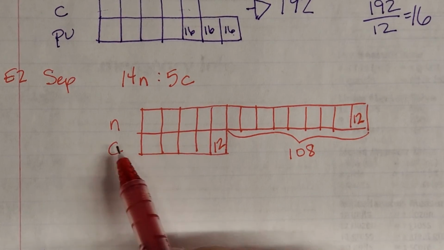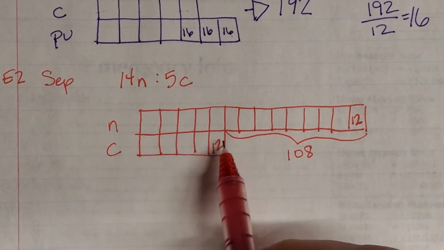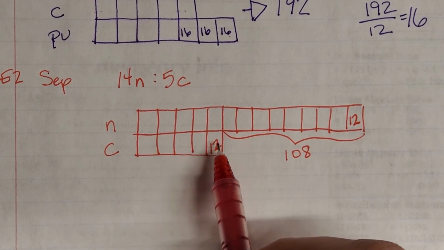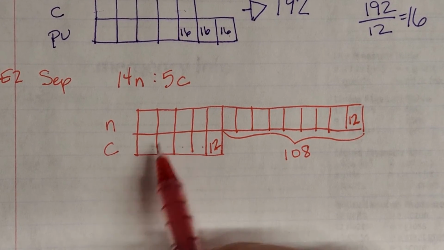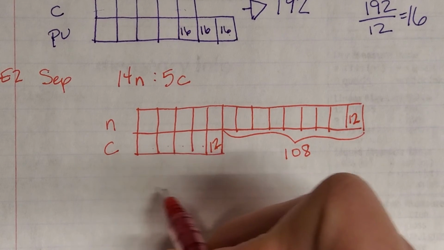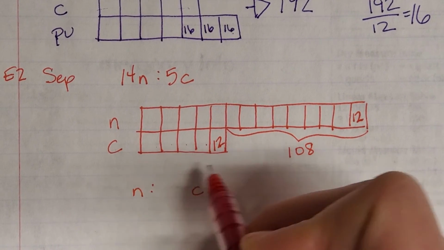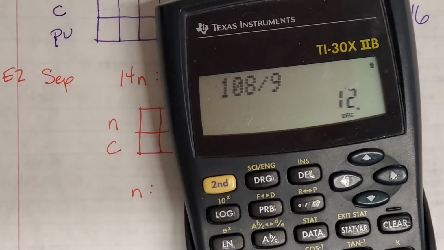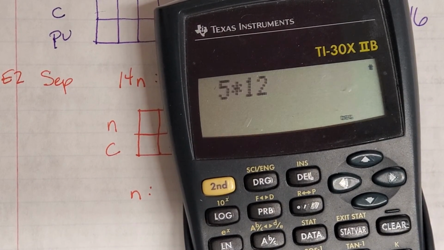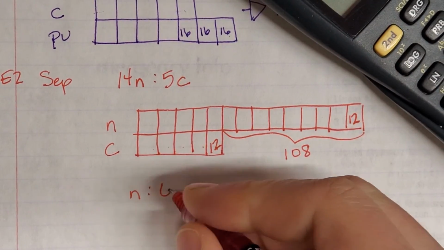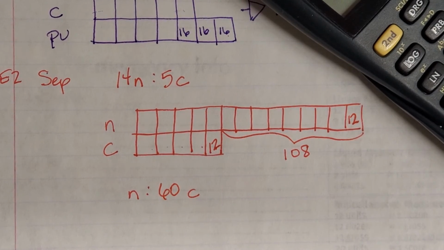Okay. So how many commercial vehicles? Well, if each box is worth 12 and I have 1, 2, 3, 4, 5, that must mean 5 times 12 is 60. Let's double check. 5 times 12, 60. That means 60 commercial vehicles.